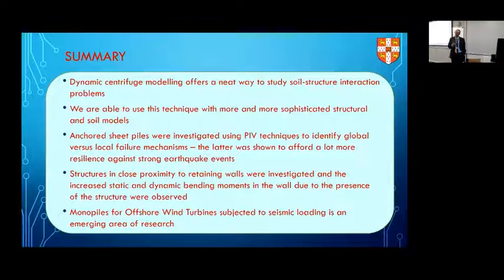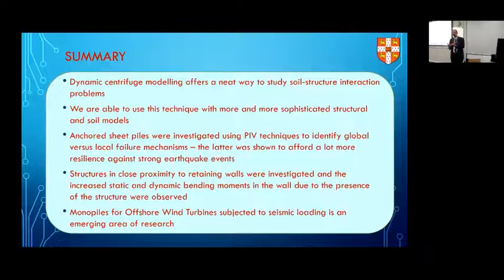So the mechanical behavior of these piles is also important at the same time. So this is the kind of thing I was talking about, where you have two sets of equations to contend with. One is the heat equation in this case, and the usual consolidation equation from soil mechanics.